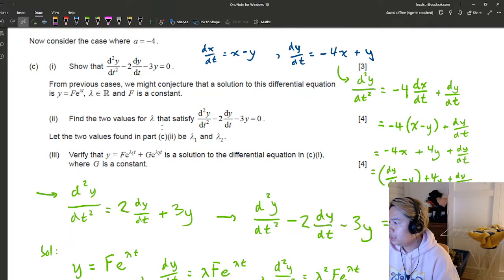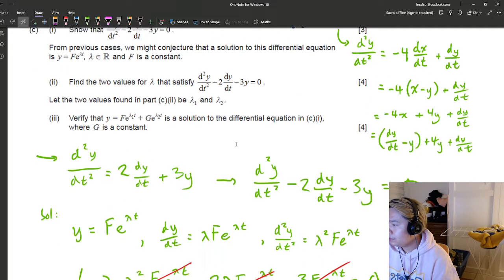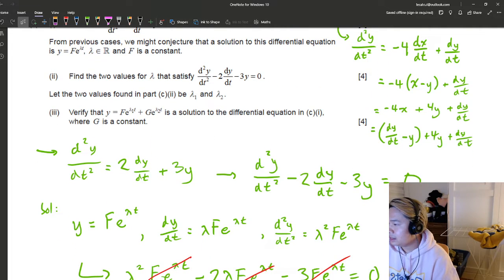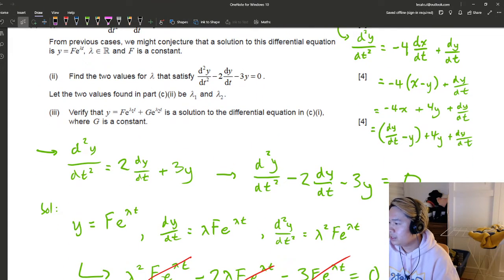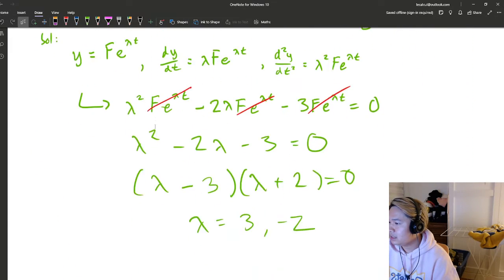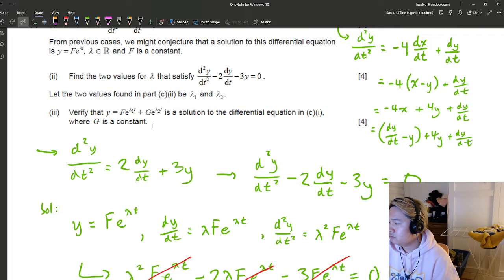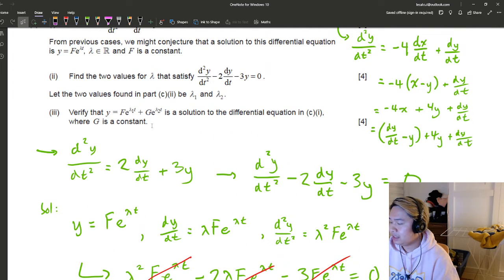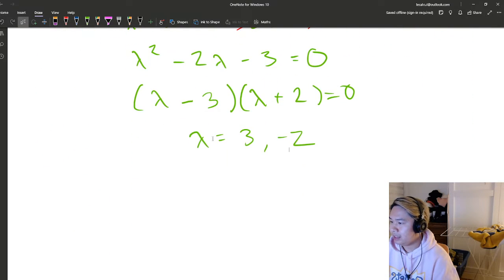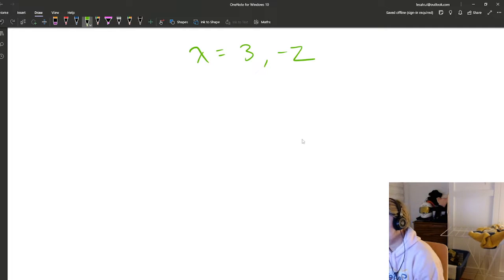Okay, and then let the two values be lambda 1, lambda 2. Verify that this is a solution to this equation as well, where g is a constant. So I think we just basically do the exact same thing again, just now with actual values.